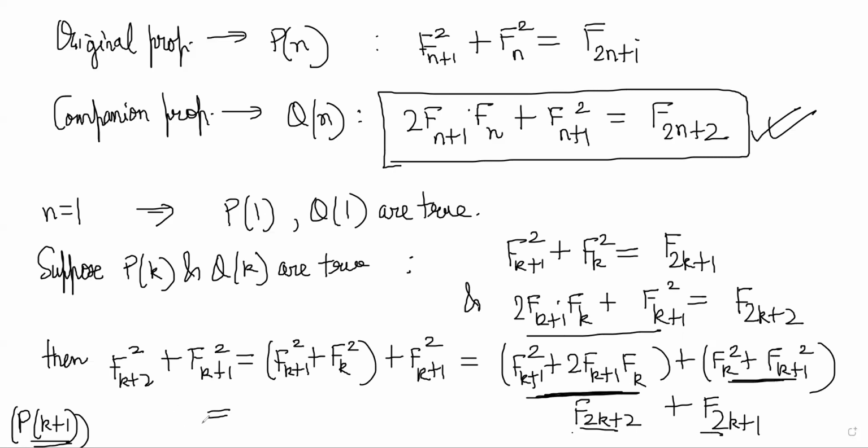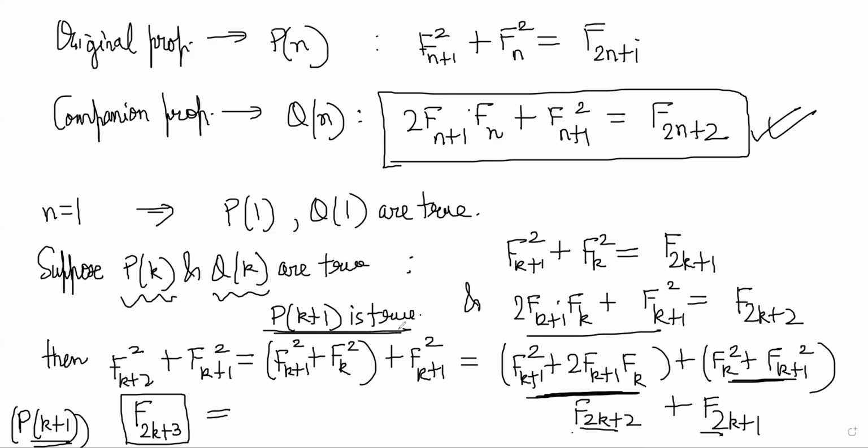These two add up to f of 2k plus 3, and that basically means that p of k plus 1 is true. So suppose p of k and q of k are true, we have proved that p of k plus 1 is true, right? Once we have p of k plus 1 is true, from there we can easily show that q of k plus 1 is also true, right?